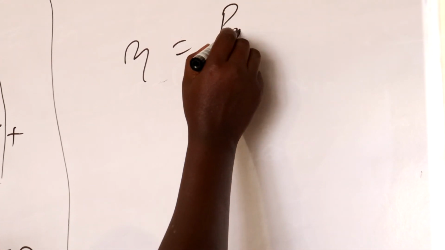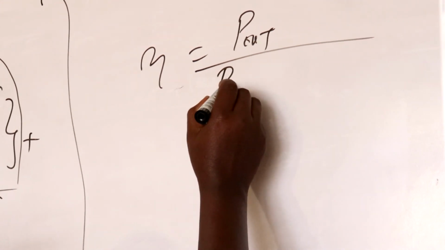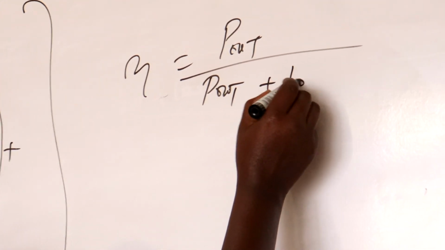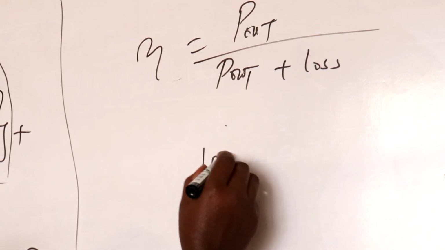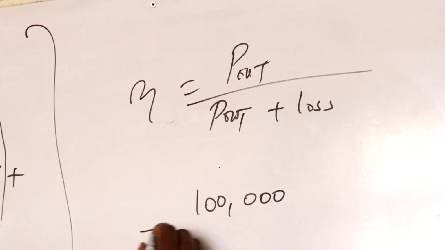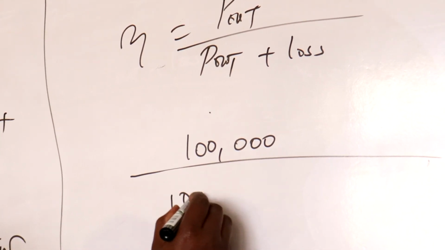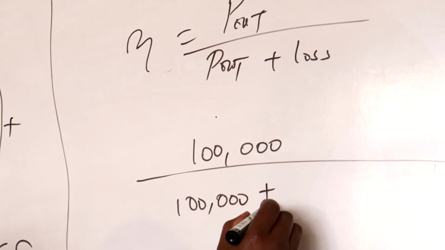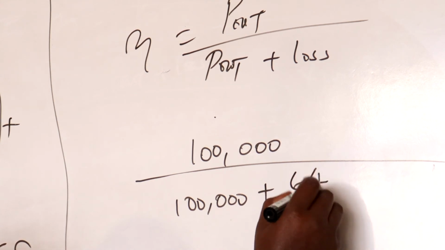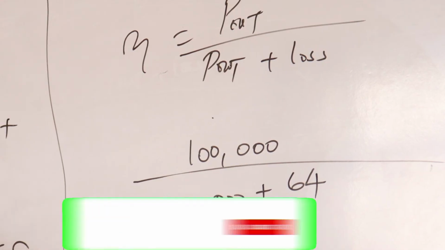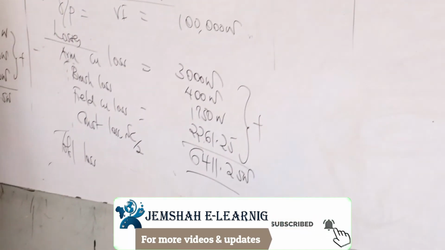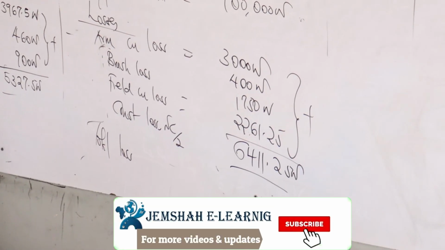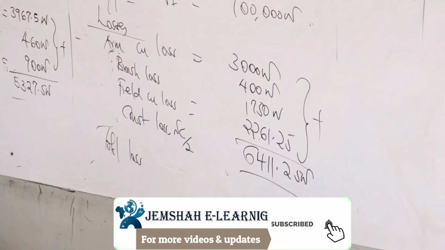Therefore, efficiency is P_out over P_out plus loss. That is 100,000 over 100,000 plus 6411.25. Let me pause so that we can vote, in case of any contrary opinion.